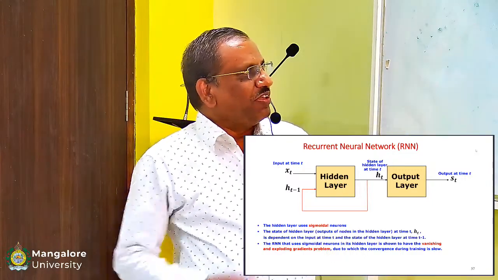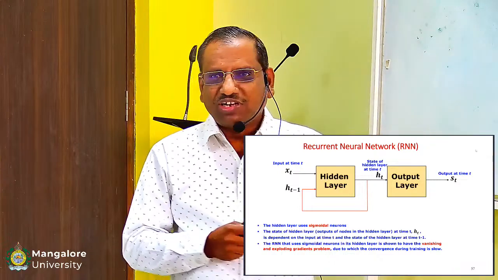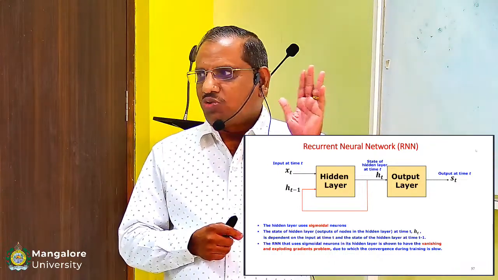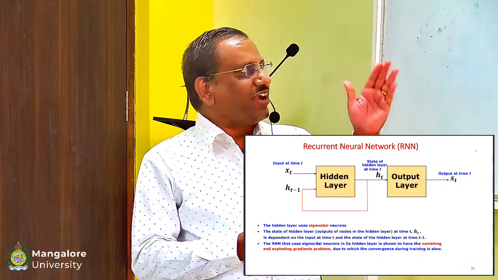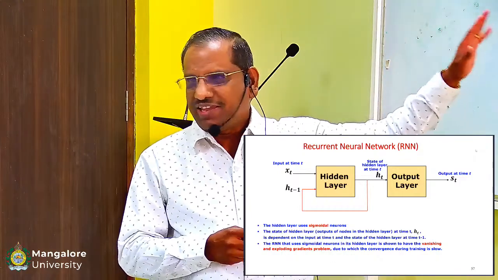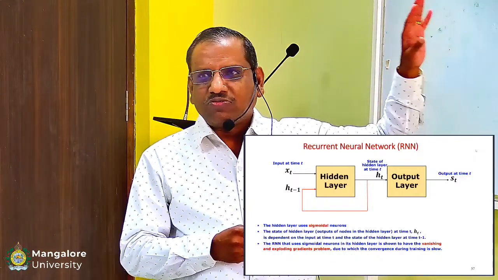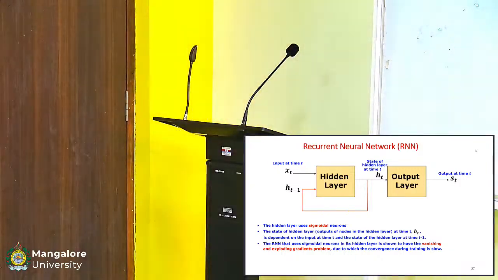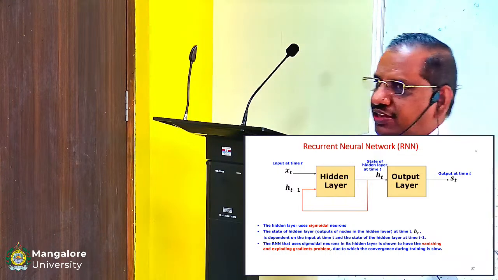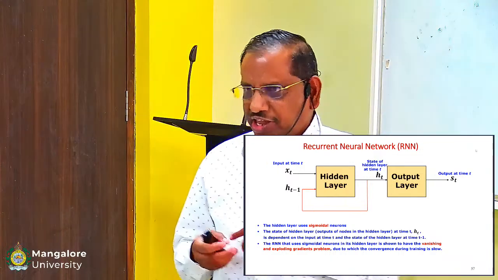If you look carefully, the output of the hidden layer at time t is denoted by h_t, and the output of the layer at time t minus 1 is denoted by h_(t-1), and that forms the additional input to the layer. So this hidden layer takes two inputs. One is the external input x_t, that is the input at time t, and the other is the output of the hidden layer at time t minus 1, and both of these are used to generate the output of the hidden layer at time t.